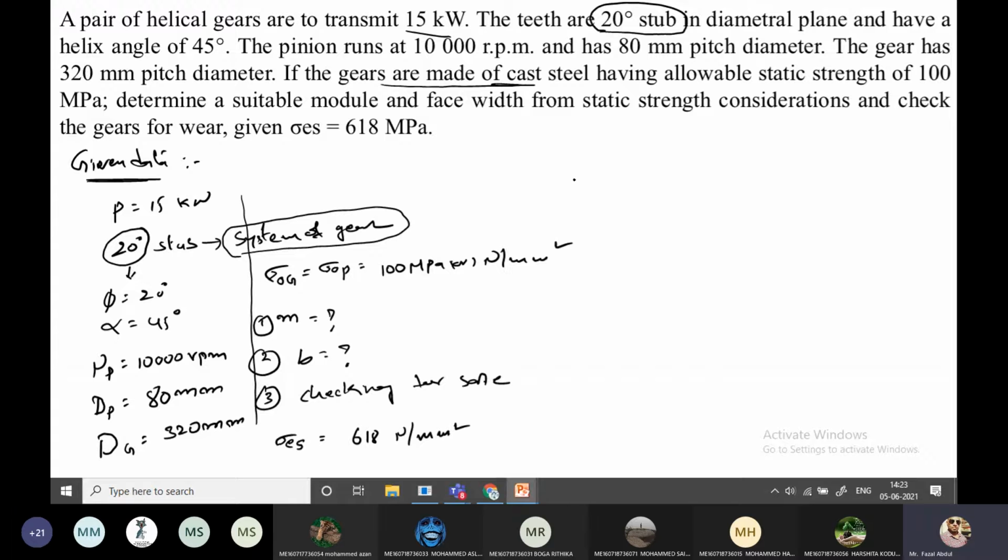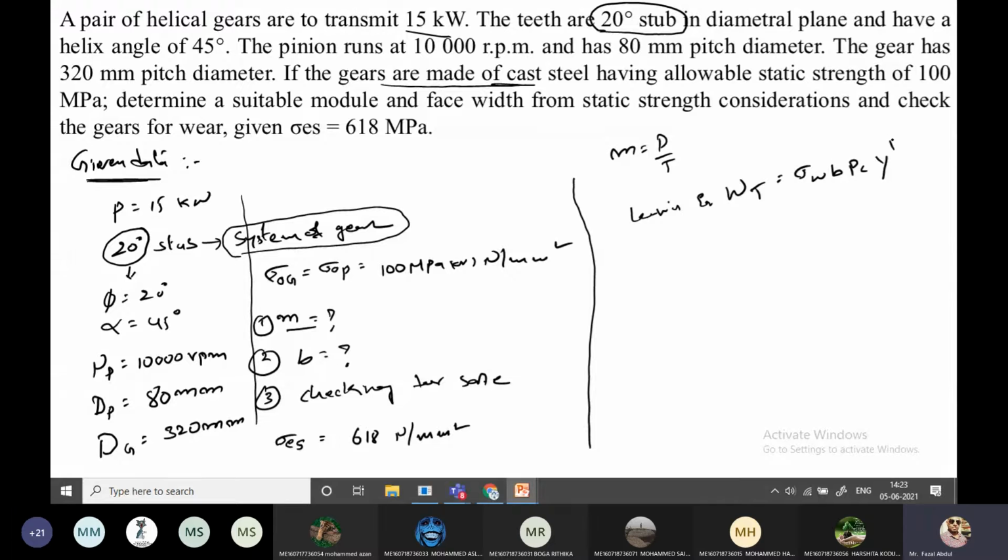Okay. Now the first question is module. To calculate module, the usual methods are there. Module is equal to d by t, one equation we have, and from the Lewis equation, what is the Lewis equation? Tangential load equals sigma w b pc into y dash.